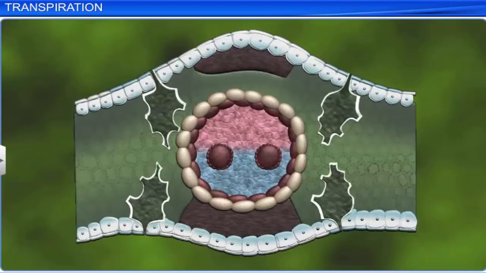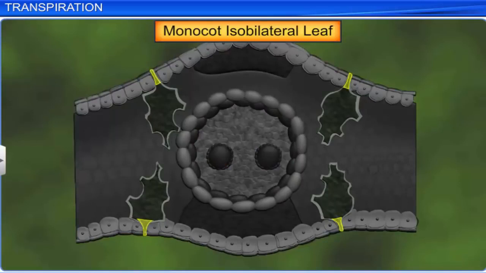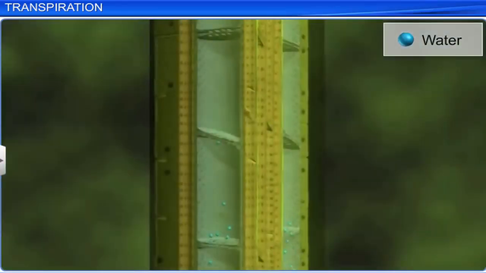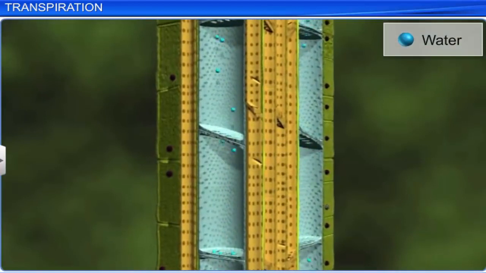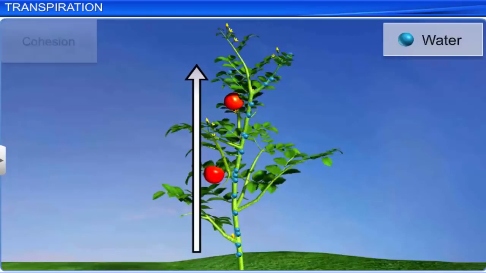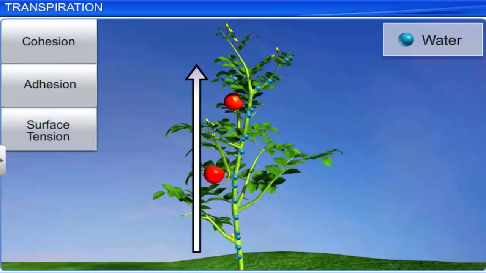On the other hand, a monocot isobilateral leaf has an equal number of stomata on both surfaces. Transpiration from stomata causes a pull that causes the upward ascent of water in xylem cells. This transpiration pull is made possible by three physical properties of water: cohesion, adhesion, and surface tension.